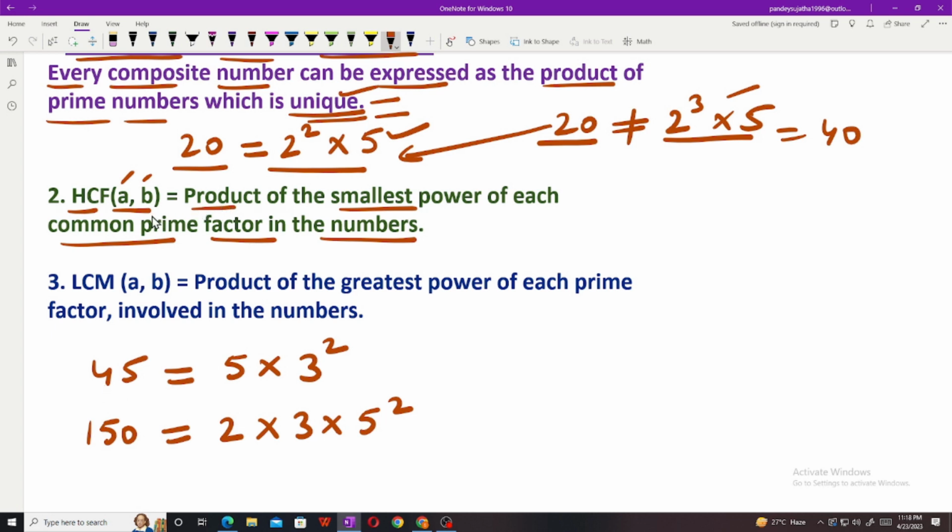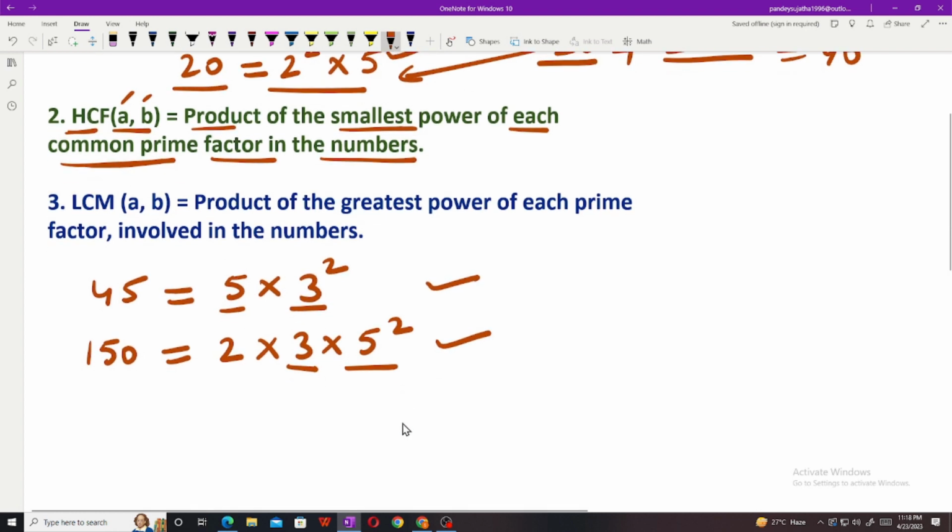As I said, to find the HCF, it is the product of the smallest power of each common prime factor. If I compare these two prime factorizations, the numbers which are common are 3 and 5. So HCF will be equal to, I write both the common factors, 3 and 5. Here we need to take the smallest power.